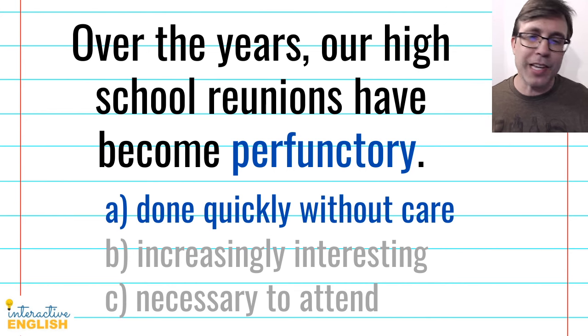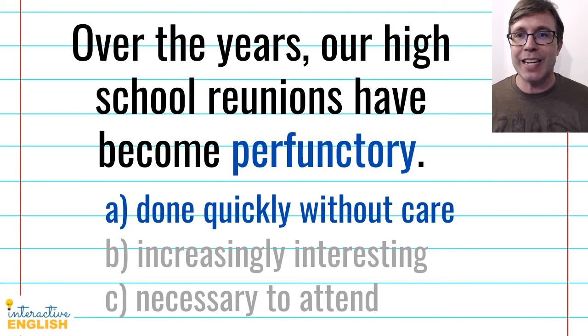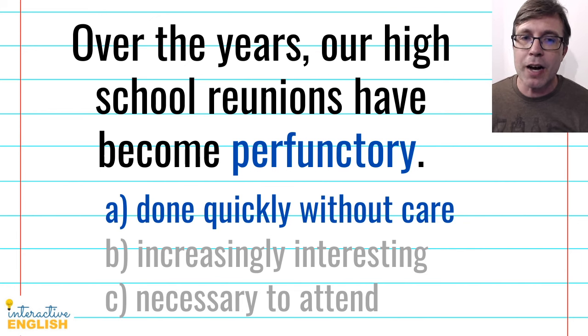And for example, I try to give the example of a high school reunion that over the years, which means it's done again and again and again. And the more you do something, you're probably not going to put as much effort and care into it. So that is what I was going for when I say that it's become perfunctory, it's done quickly without care.